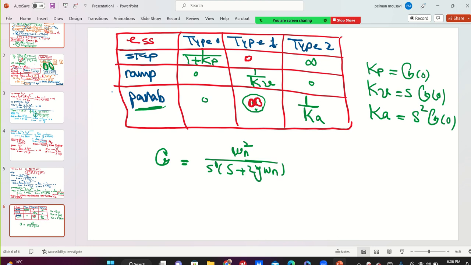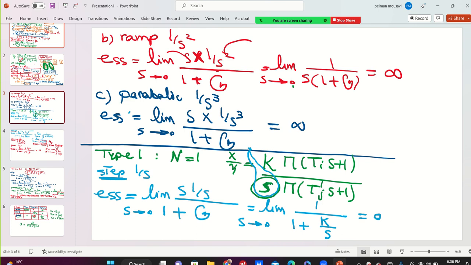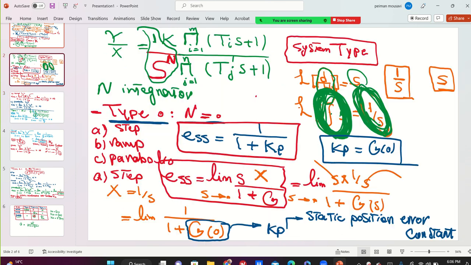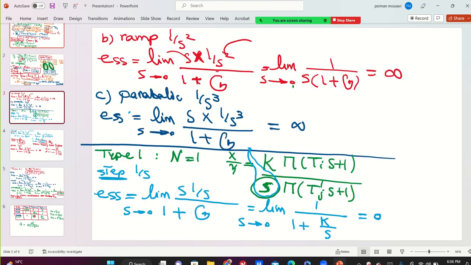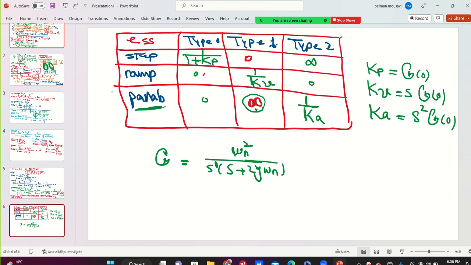Okay, so let me double check everything because I'm teaching from my mind. Type 0, so this is 1 over Kp, right? Ramp is infinity, and this is infinity. Oh my god. Type 0: 1 over Kp, infinity, infinity. See, always double check.